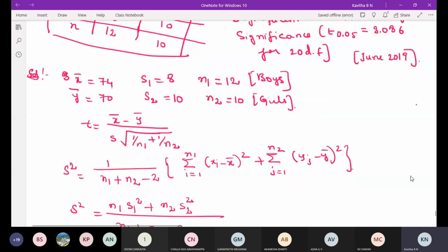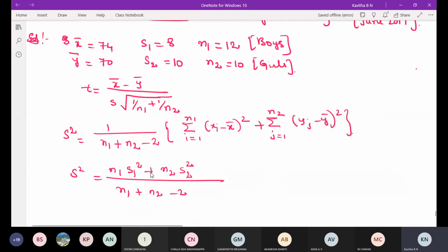Write the formula s square is equal to n1 s1 square plus n2 s2 square divided by n1 plus n2 minus 2, and then find out s square. Here n1 is 12, standard deviation s1 is 8 whole square, plus n2 is 10, s2 is also 10, 10 whole square, divided by n1 is 12 plus n2 is 10 minus 2.